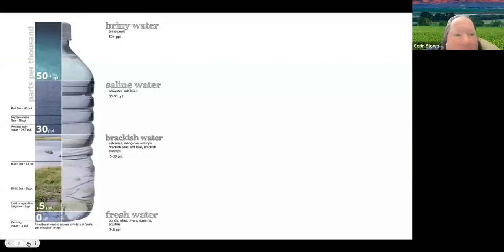So our focus today is we're going to move from the space where we were thinking about briny water and saline water, and we're going to move into brackish water and fresh water. Really interesting. There are some cool spaces. So the Elkhorn Slough is a good example, but there are other estuaries in Florida.